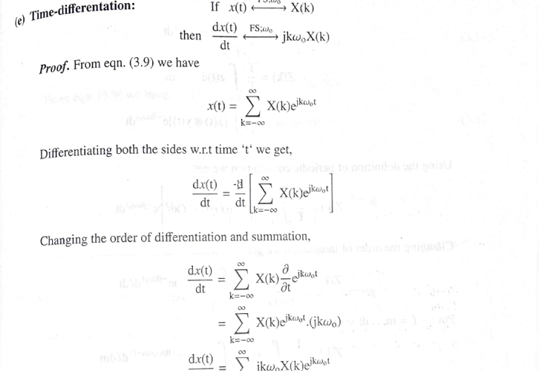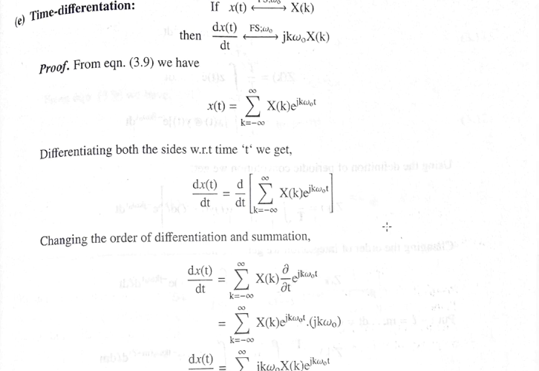Let's do the differentiation with respect to this term, and when we take it inside the summation, it becomes a partial derivative, dou by dou t of e raised to j k omega naught t. We know the differentiation of e raised to j t, or e raised to any such term, is the coefficient of that term multiplied by again e to the power of the same term.